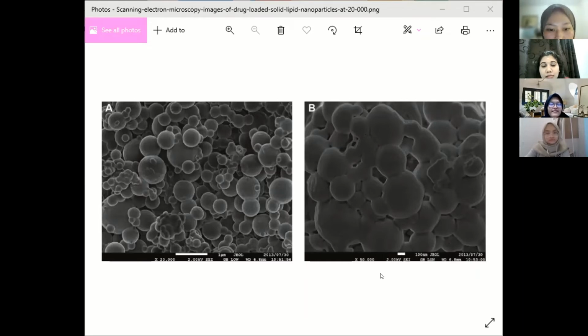Also, we can see from the 50,000 magnification that there are agglomerated nanoparticles. This agglomeration occurs due to the gold coating. According to Omwoyo, the particles must be coated with gold to minimize the effect of heat during high power magnification. So that's why there is an agglomeration. And we can see the difference between TEM and SEM: TEM produces a 2D image, while SEM produces a 3D image.